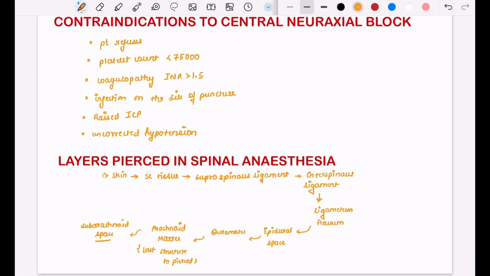If someone asks you what are the layers pierced in lumbar puncture, the sequence will be the same.